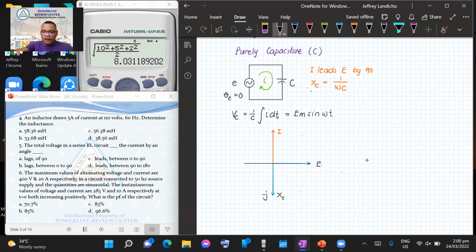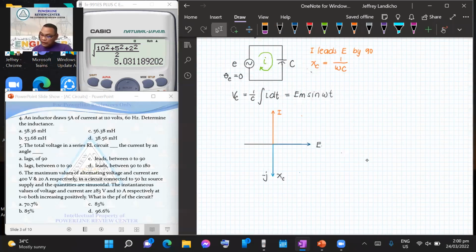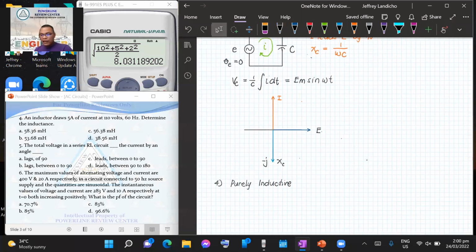So therefore, for problem number 4, we have a purely inductive circuit. It gave a current of 5 ampere.